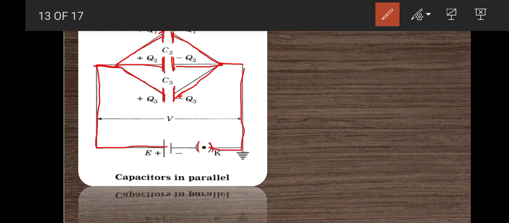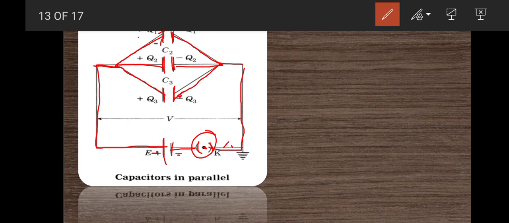Here is the key. It is used in place of a switch. They both have the same purpose. A switch is like this. These are the positive and negative terminals of the battery. So what will happen? The first plate of each capacitor gets positive charge according to its capacity.